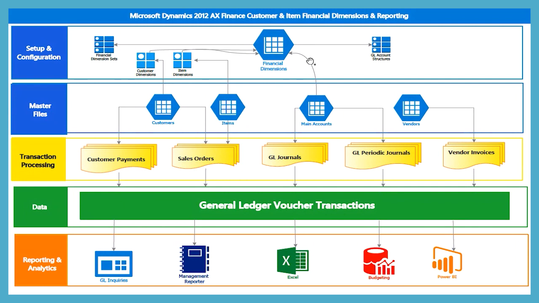Everything we demonstrate today is using standard out-of-the-box functionality of D365 features, with the exception of some of the integration to the data in the Power BI, which we'll do at the end of today's presentation. In addition, all of the elements of the solution we're demonstrating today on the D365 platform apply equally as well to those users that are on AX 2012. So we wanted to point that out.